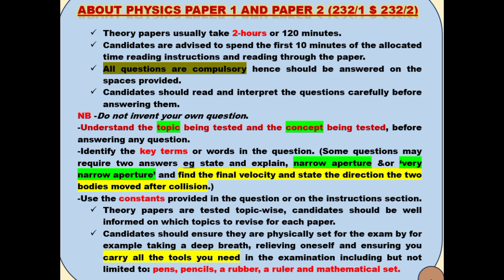Check the instructions given, the number of questions, the marks for each question, the topics tested, and the constants you have been given. Scanning through the paper helps you organize your work, avoid overspending time on one question, and avoid starting with questions you are not familiar with, because you can realize which questions to start with and which ones you'll finish up with.